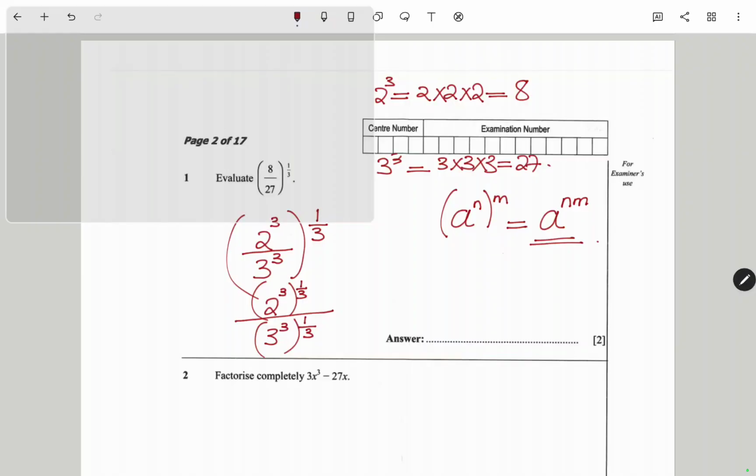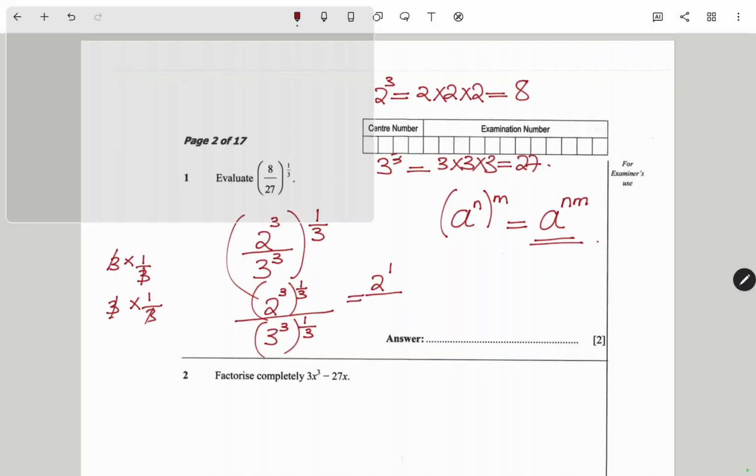When you reach this stage, you can now multiply the powers. So there we're going to have 3 times 1 over 3. 3 and 3 will divide, and you only remain with a 1. So this is equal to 2 to the power 1 divided by, again, 3 times 1 over 3.